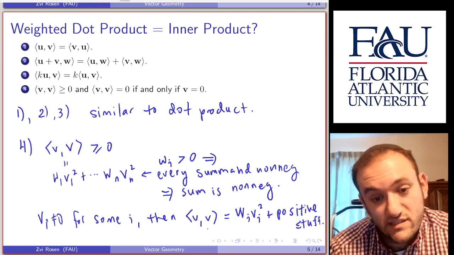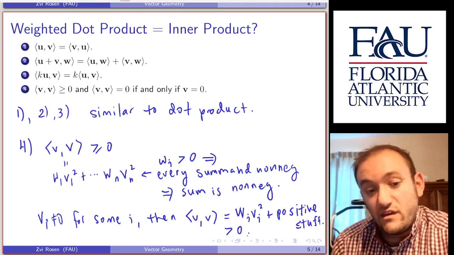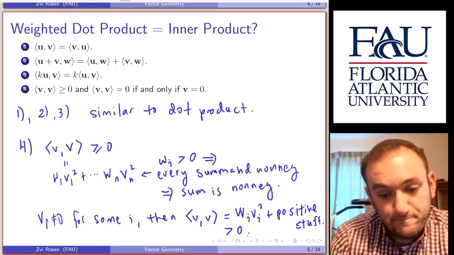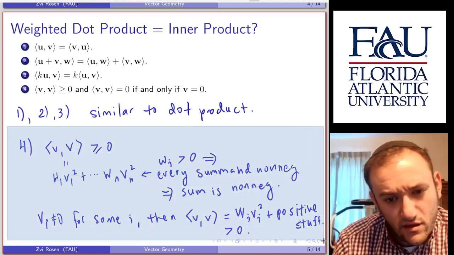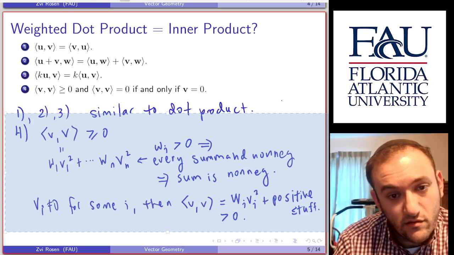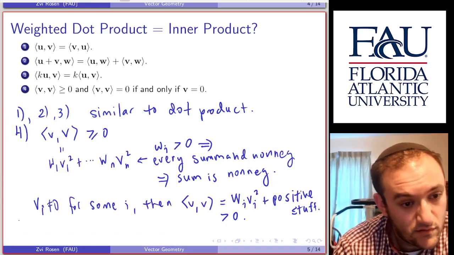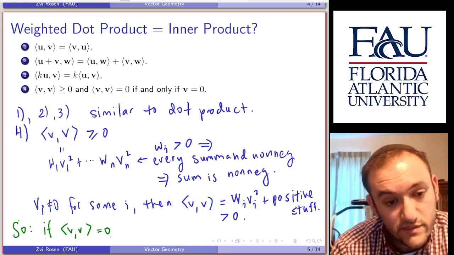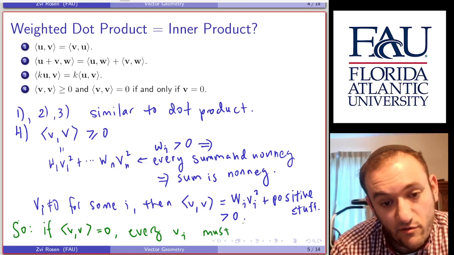And if this is not equal to 0, this is going to be strictly greater than 0. So it must be that if the inner product is 0, every coordinate is 0. Okay? Let me write that down. So if the inner product of v with itself equals 0, every vi must be 0.